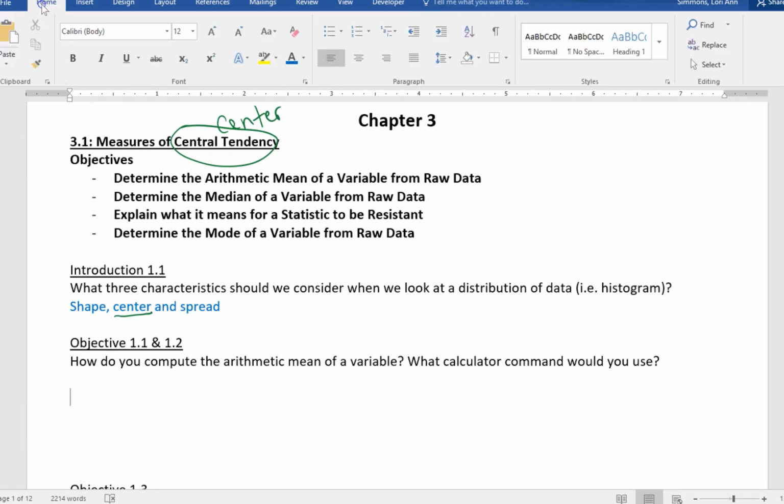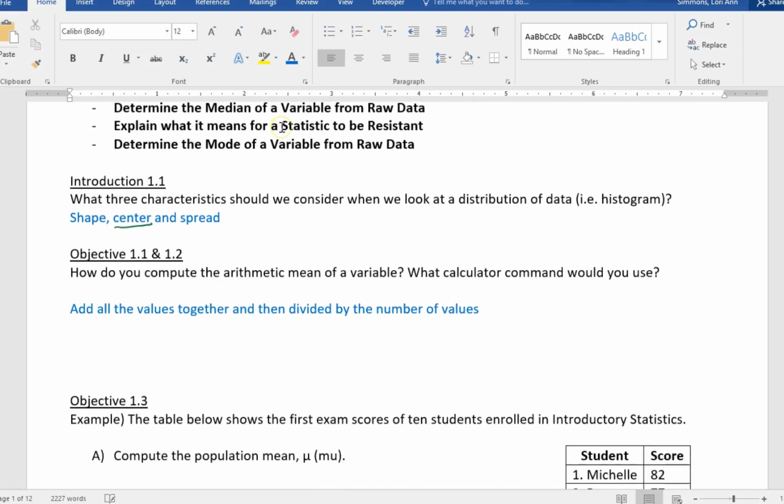So let's start with the mean of a variable. How do you calculate that? You add all the values together and then divide by the number of values. For your calculator command sheet, you're going to use number 1.